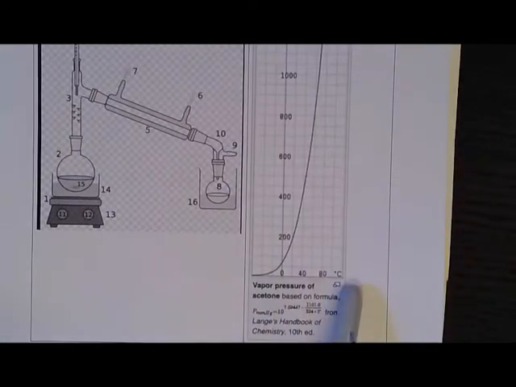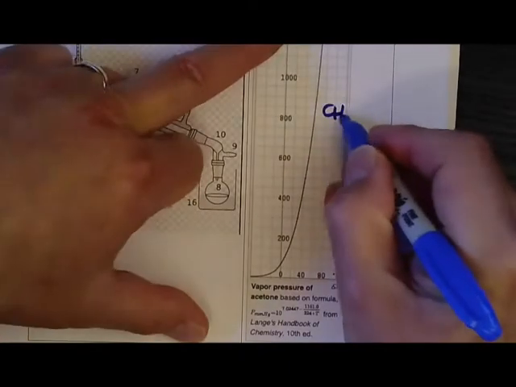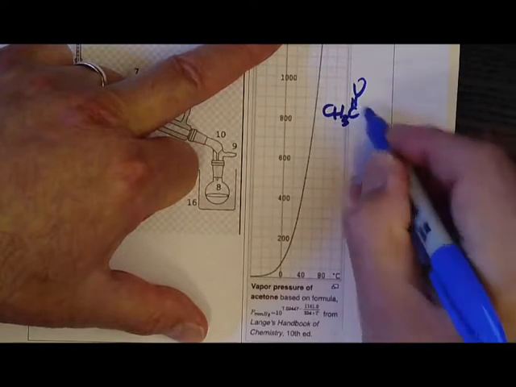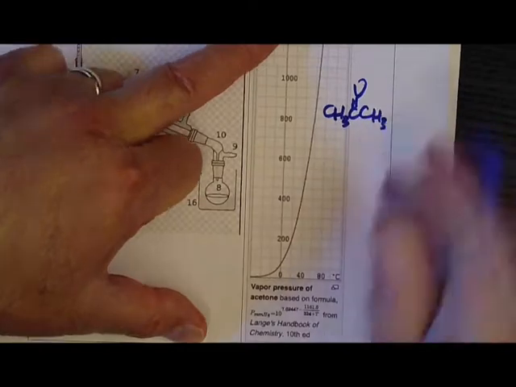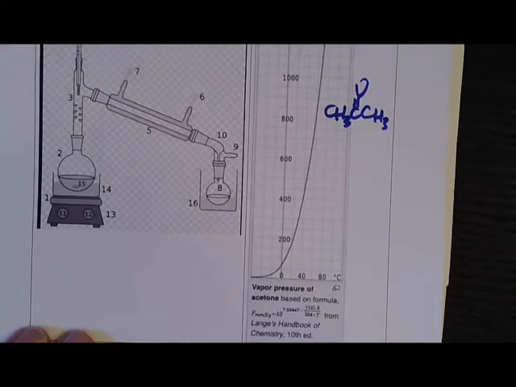Now, what is the boiling point? Boiling point is when the vapor pressure of, let's say, acetone, CH3COCH3, reaches atmospheric pressure. Remember, atmospheric pressure is 760 millimeters of mercury, which is 1 atmosphere, or 760 torr.